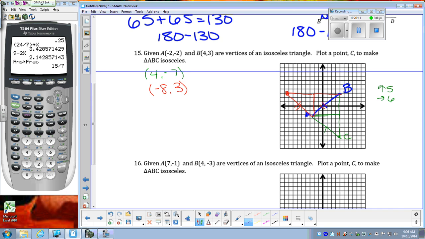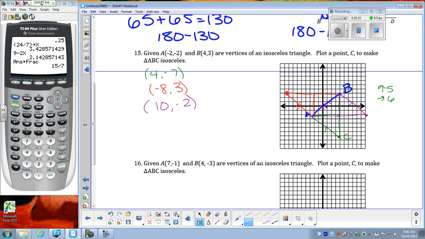Well, I also could use B as my vertex angle, in which case I knew I had to go down 5. So instead of going left 6, I could go right 6 to have point C over here. And that point would be the point 10, -2.